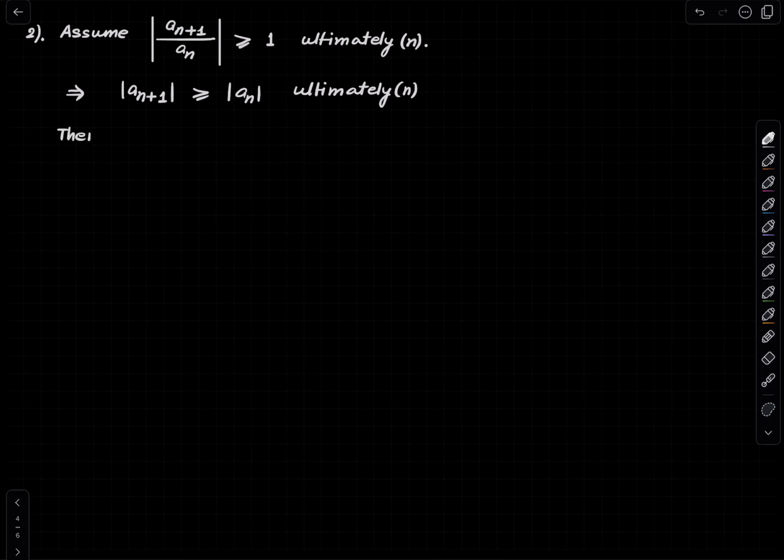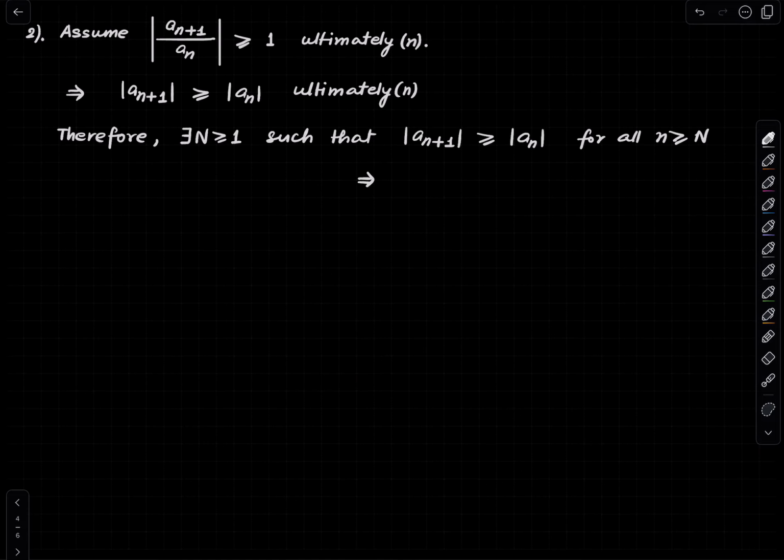Therefore, there is some capital N such that this holds, but note that this also implies the following. Right from here you can easily prove that, because you put capital N in place of little n, then capital N plus 1 in place of little n, and then capital N plus 2, and so on. And you will see a sequence of inequalities. We are just saying the last term dominates the first term. Anyway, so just figure this out.